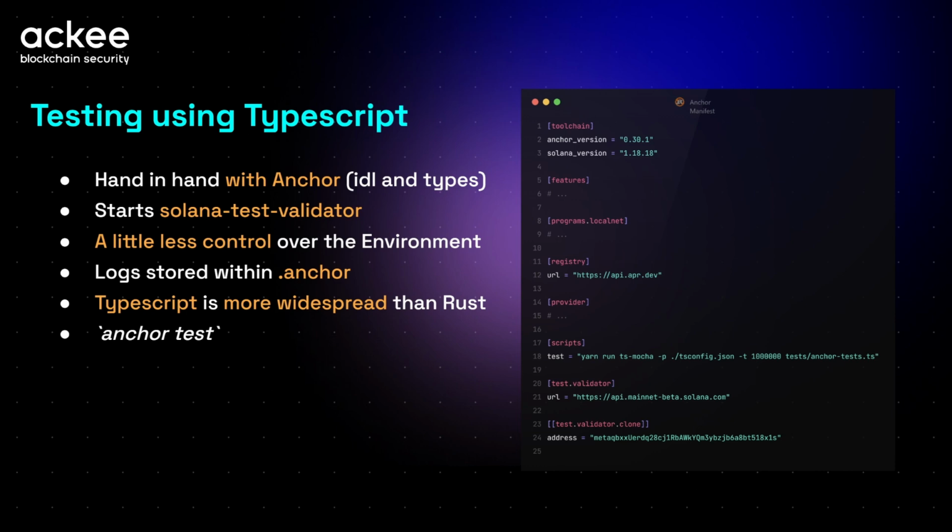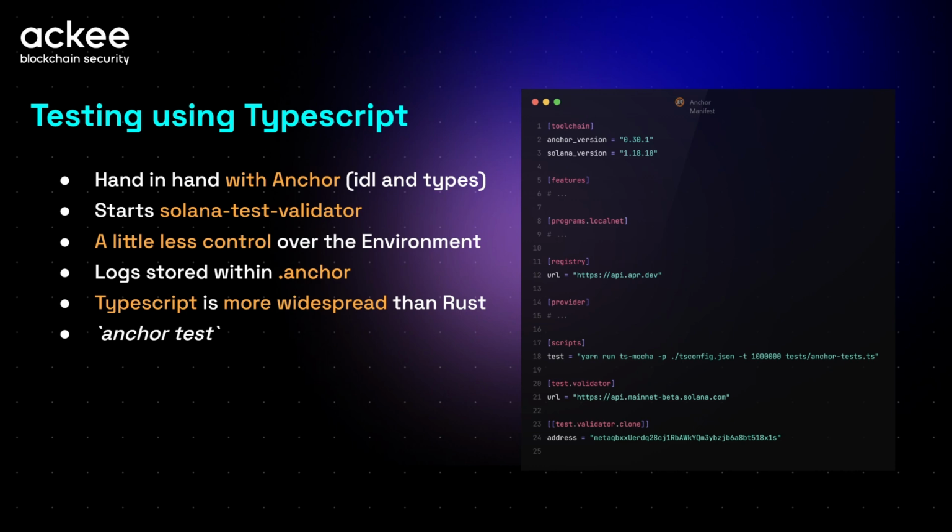The second point is that the Anchor test actually starts the Solana test validator, which I think brings a little less control over the environment, because for the Solana test validator you can specify parameters when you want to start the validator.